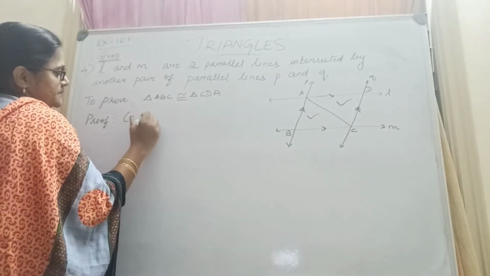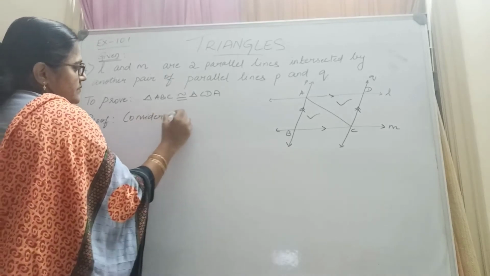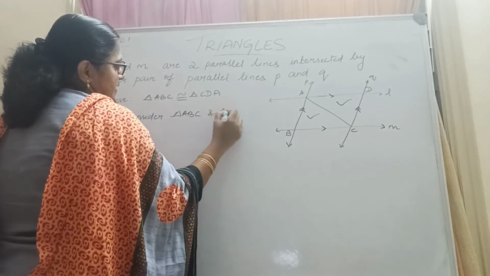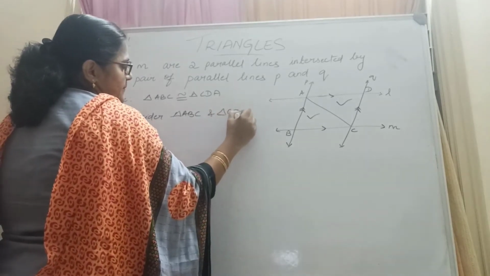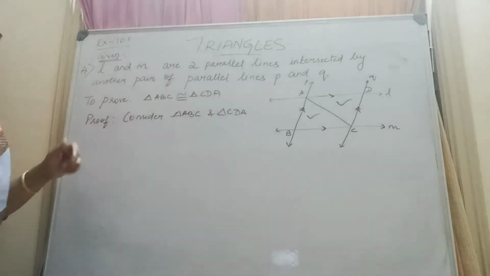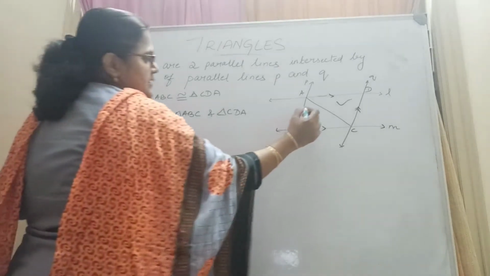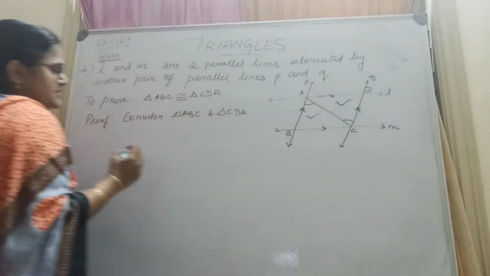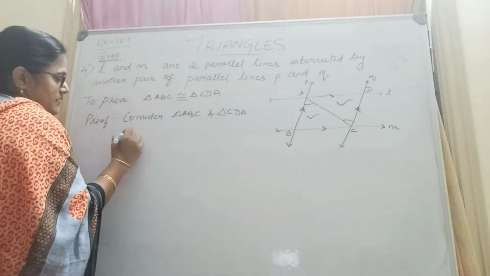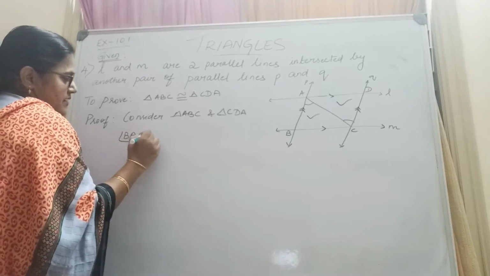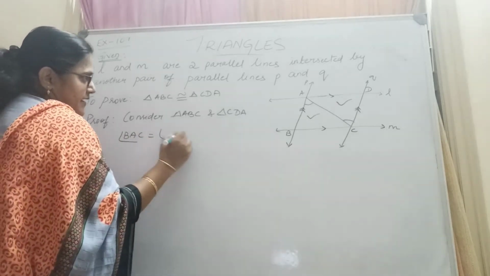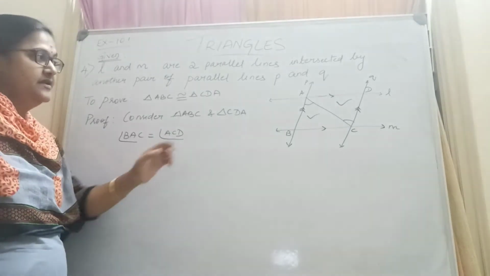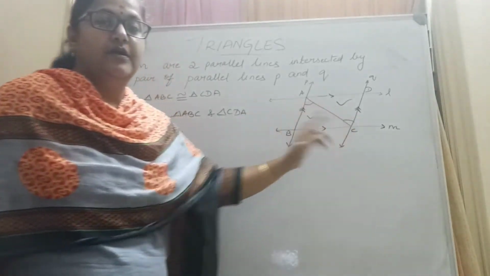Consider triangle ABC and triangle CDA. Now I can say that this angle is equal to this one, that is, angle BAC is equal to angle ACD. How can I say that these two angles are equal to each other?